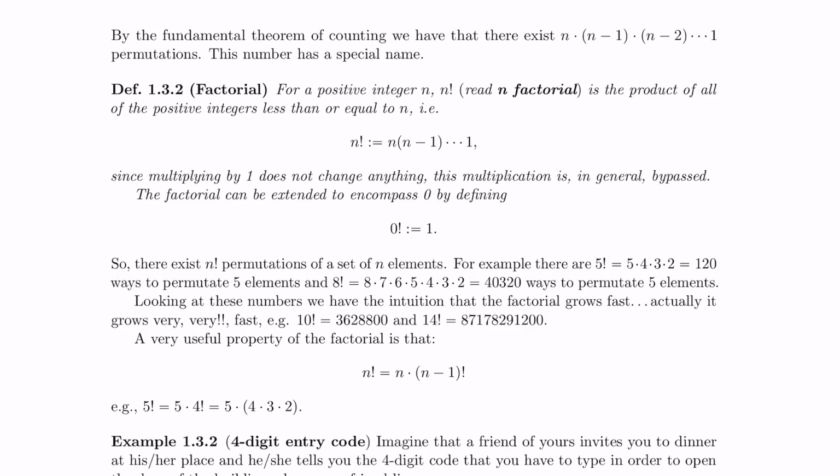Before using the factorial and permutation in examples, let me just underline a very important property of the factorial, which is this one here. That is, n factorial can be written as n times n-1 factorial. This is very intuitive. However, let's see a numerical example.